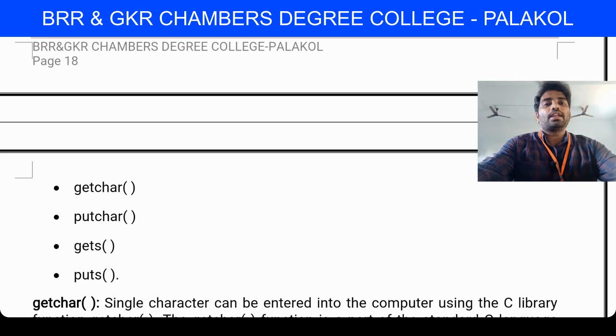One character is printed using the function putchar. gets: get means read, s means string, a group of characters. A group of characters is read using gets. puts: put means print, s means string, a group of characters. A group of characters is printed using puts.